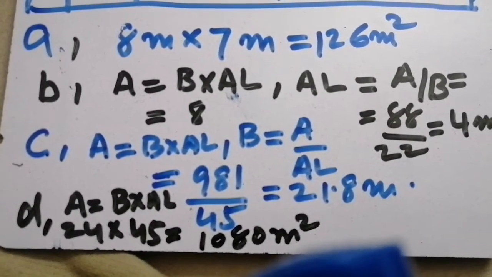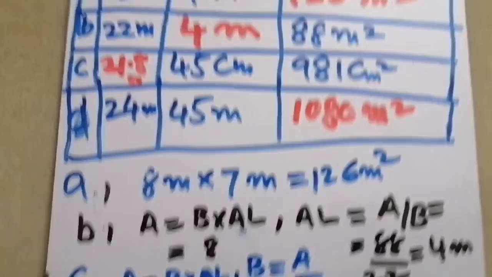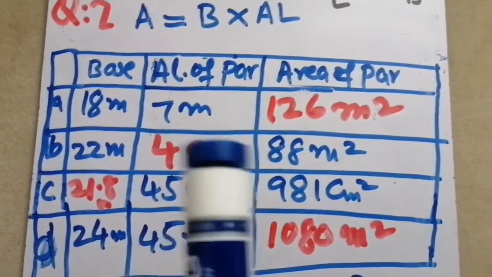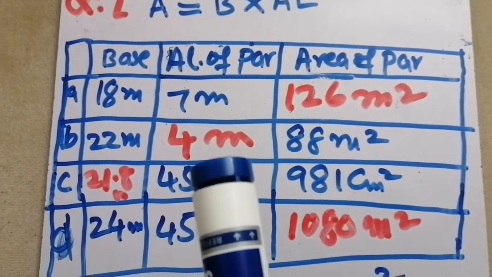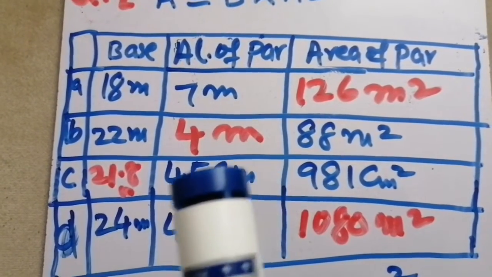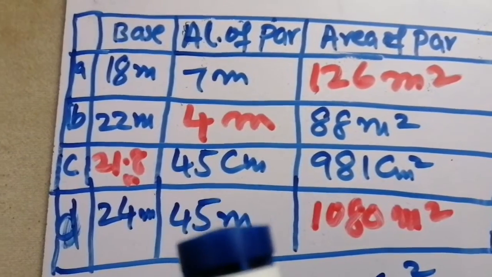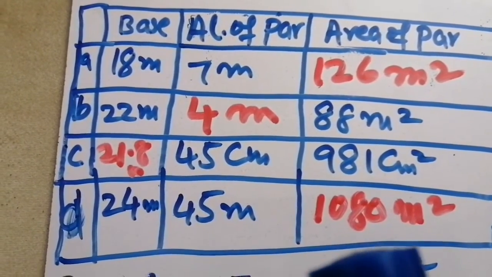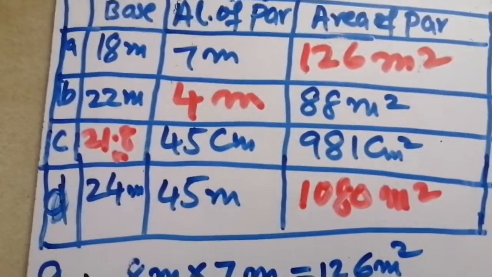So this is the end of question number 2. The missing values are: A is 126 meters square, B is 4 meters, C is 21.8 meters, and D is 1080 meters square. So that is the solution.